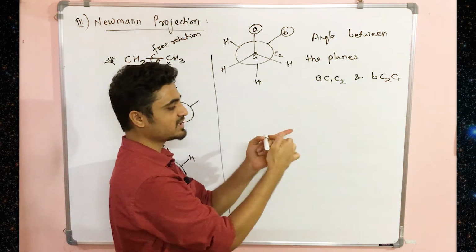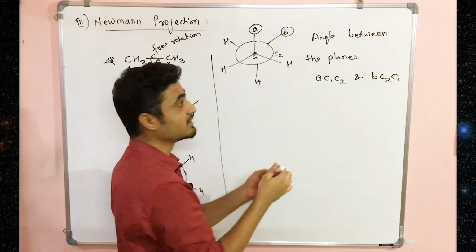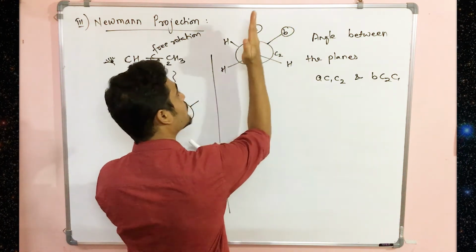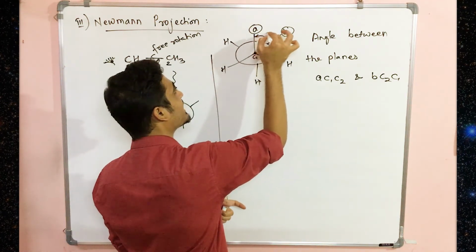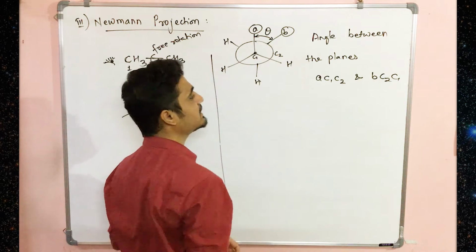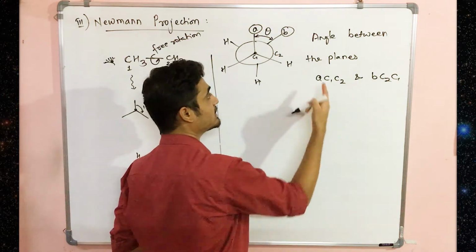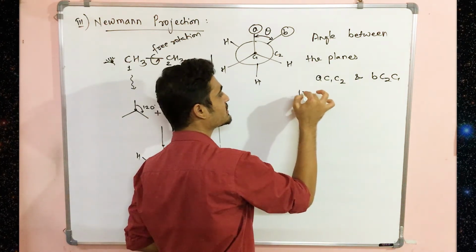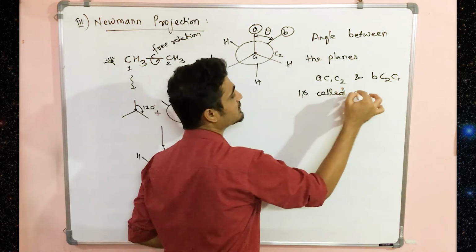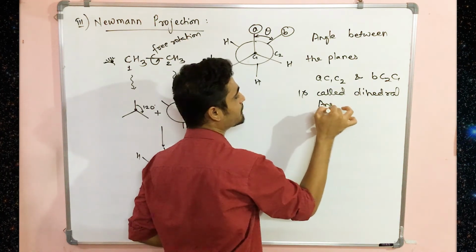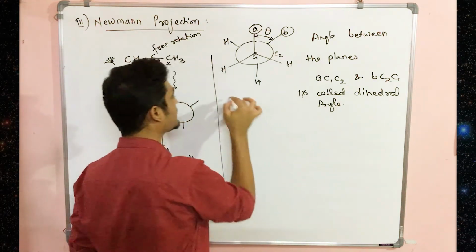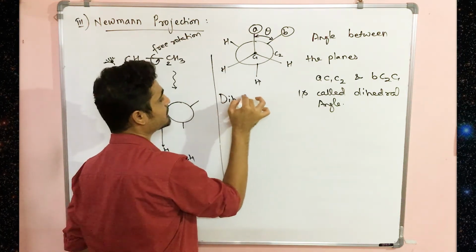So this is that plane, right? So one plane is like this, one plane is like this. Whatever angle they make in between, theta, that angle is called the dihedral angle. So angle between the planes is called the dihedral angle, right? So what we are learning here is the dihedral angle.